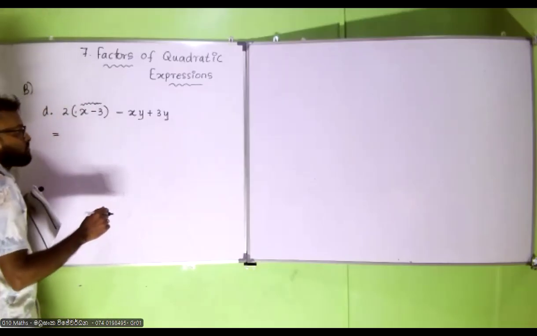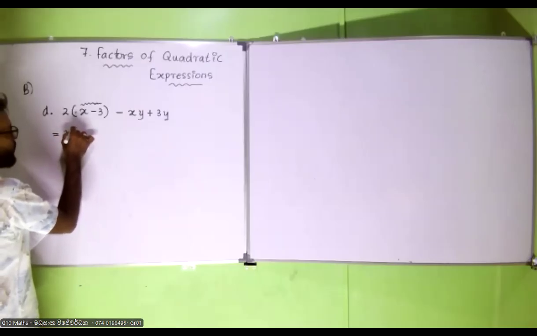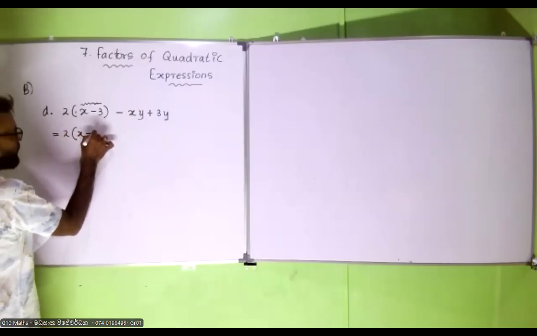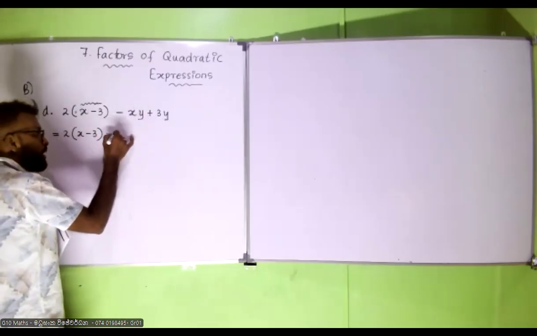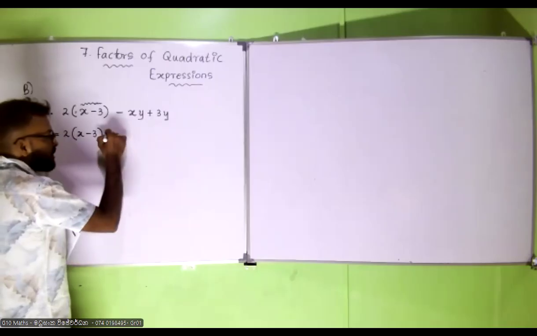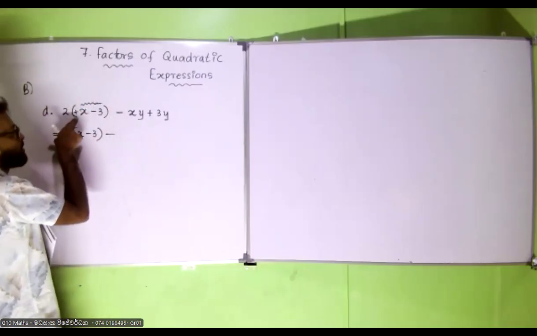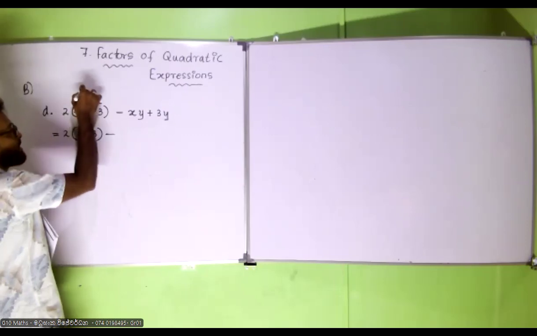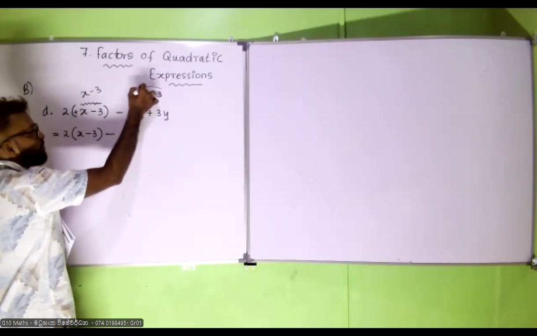So what you are going to do is take the minus sign out from both of the terms, because you are going to do the sign conversion here. You are going to set x minus 3 instead of minus x plus 3.